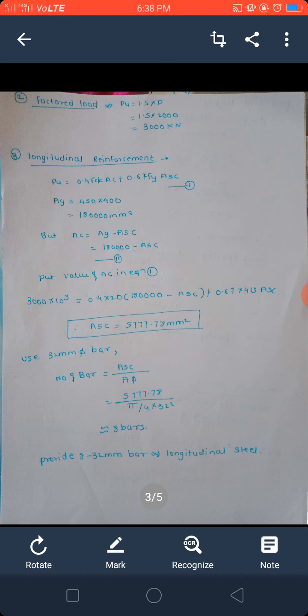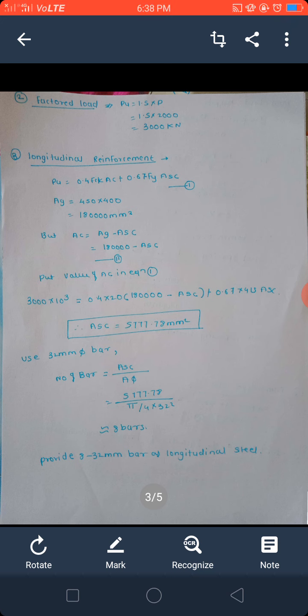Ag is nothing but the gross cross-sectional area of the column, which is given by multiplication of B and D. Next step is to find out the area of concrete. Area of concrete can be calculated using the formula Ag minus Asc. Here Ag is the gross cross-sectional area of the column, and Asc is the area of steel in compression.